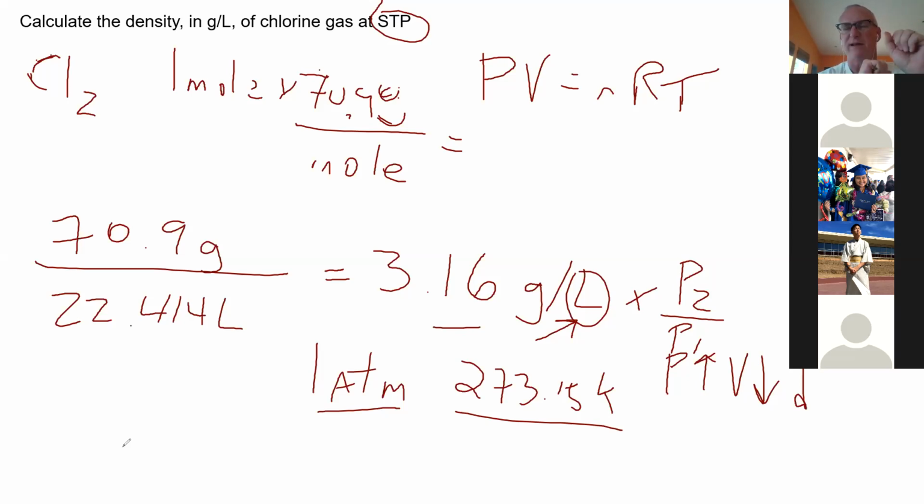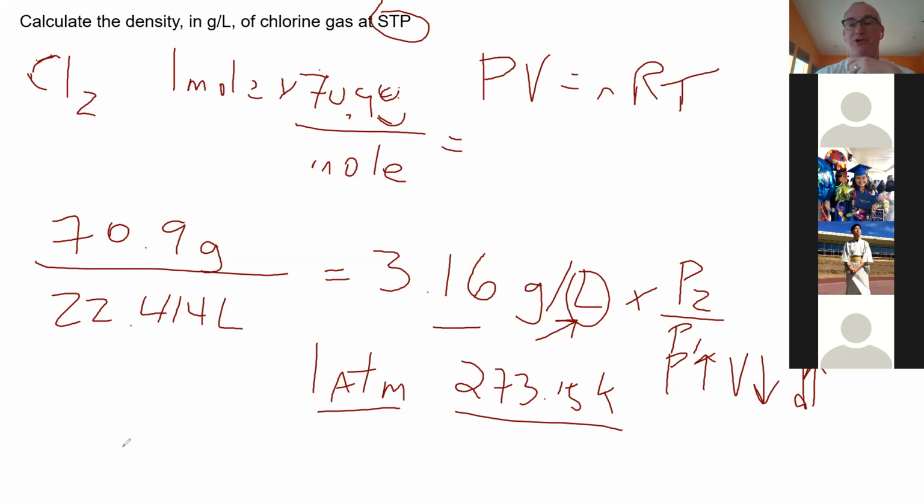It may seem a little like, I thought it was inversely proportional. It is. But because the volume is in the denominator, that means the density is directly proportional to the pressure. Because the pressure goes up, volume decreases, and since the volume decreases, it's got to be denser, right? Because we have the same number of molecules now in a smaller volume, so the density's got to go up.